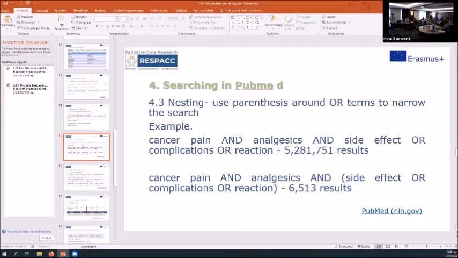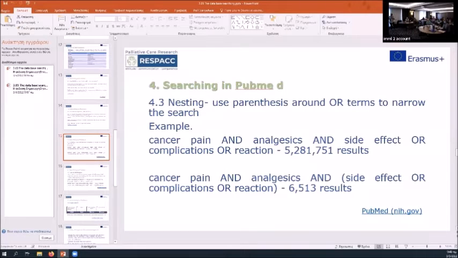So basically, for this search, I want to see what kind of side effects I would have from analgesics when I give them for cancer pain. And I can have my first search: cancer pain and analgesics and side effects.